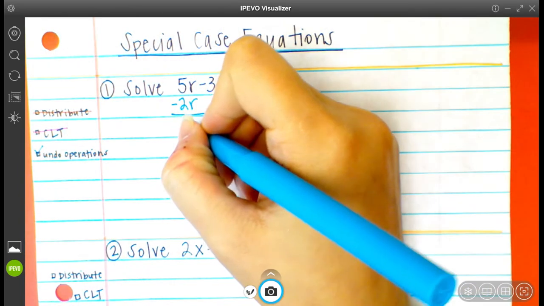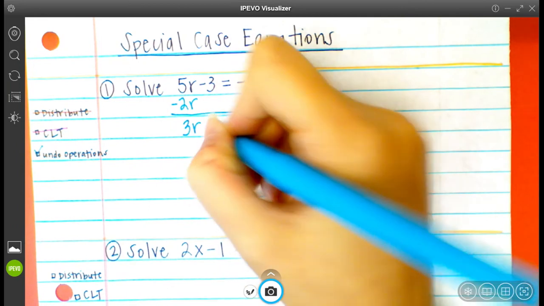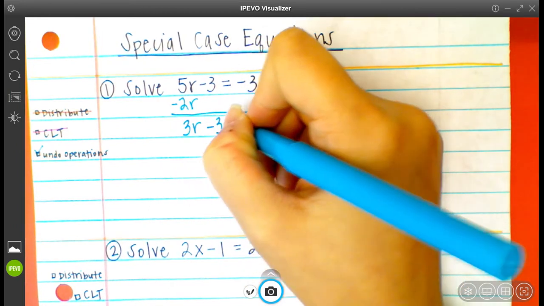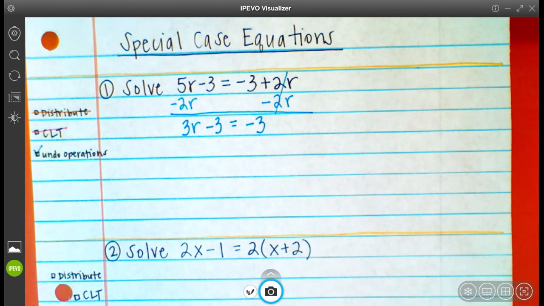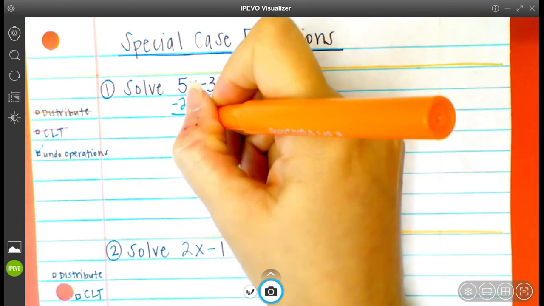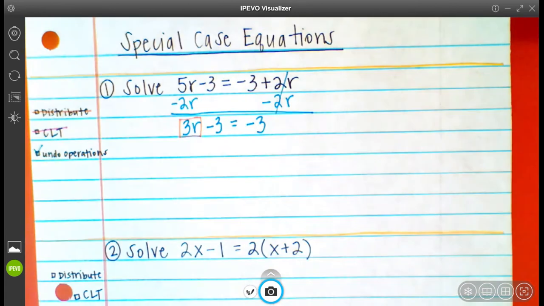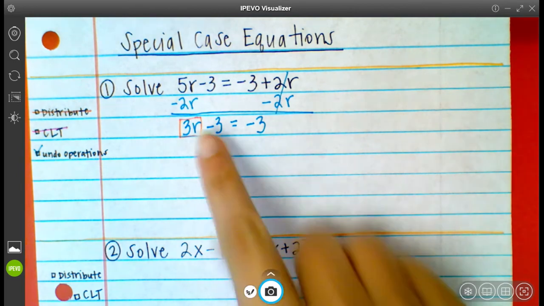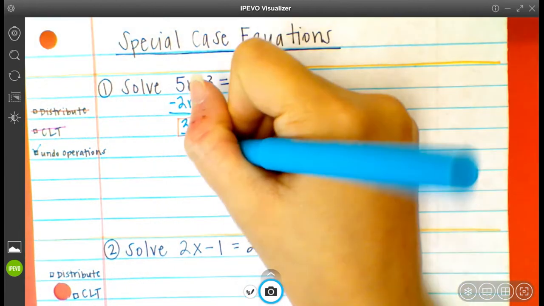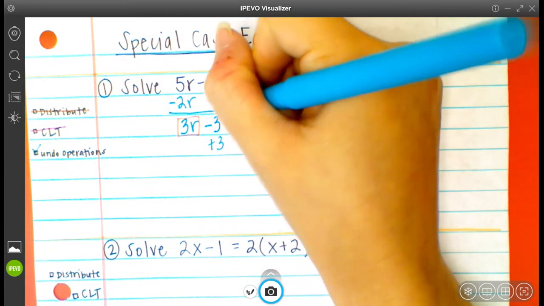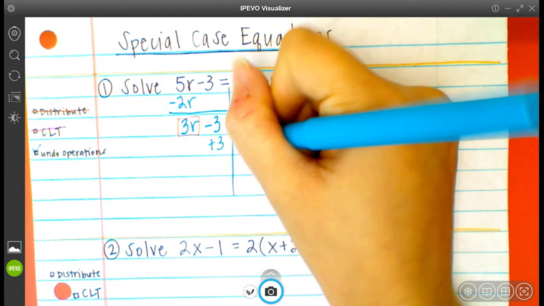Which is going to leave us with 3r minus 3 equals negative 3. We want to get 3r by itself. So I need to undo my operation of subtract 3. So to undo subtract, we add 3 to both sides of our equal sign.